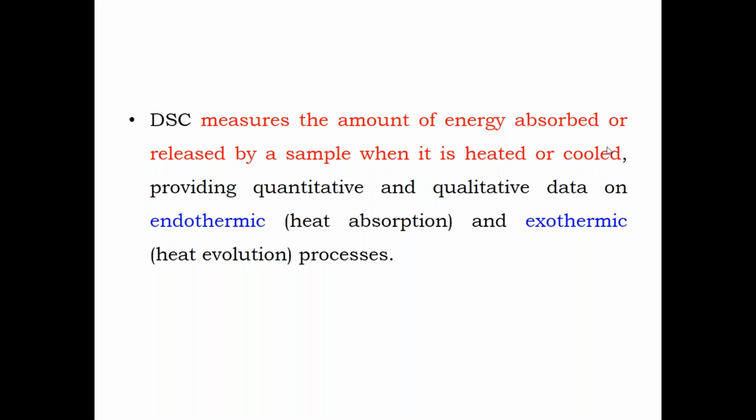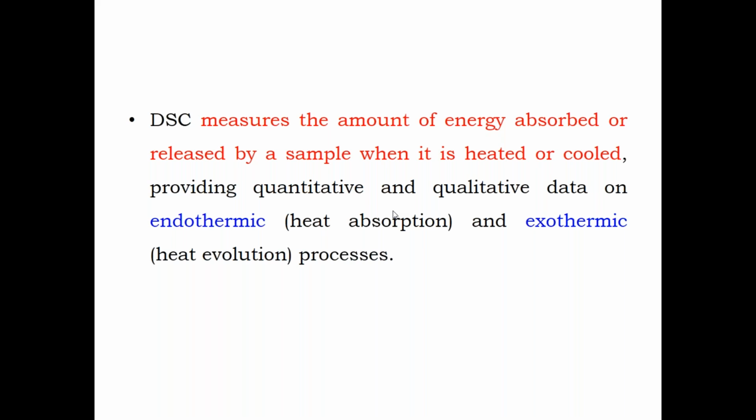During that process of low to high temperature, we are trying to assess what change is happening. That change is happening because of the amount of energy absorbed or released by the sample when it is heated or cooled. So it is a heating and cooling procedure, and this provides us quantitative and qualitative data.